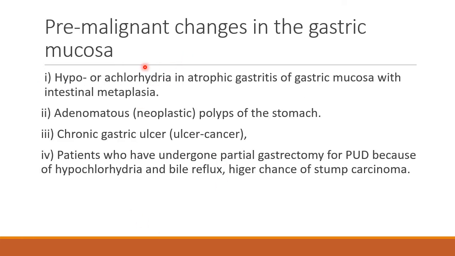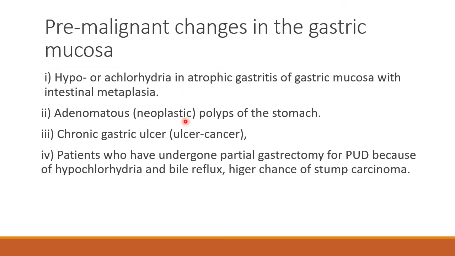And the last etiological factor is the pre-malignant changes that are seen in the gastric mucosa. As we have seen, hypo or achlorhydria is seen in atrophic gastritis of gastric mucosa, either in chronic H. pylori gastritis or autoimmune gastritis, with chances of conversion into intestinal metaplasia and gastric adenocarcinoma.